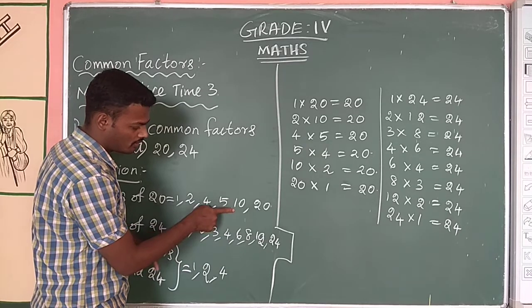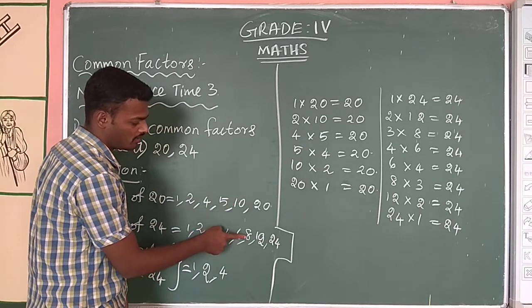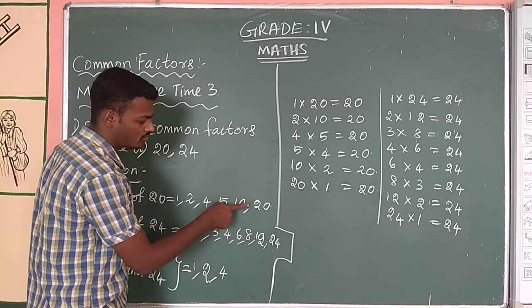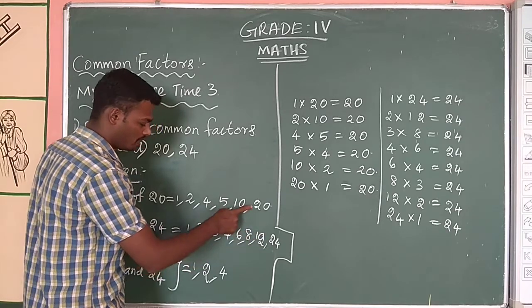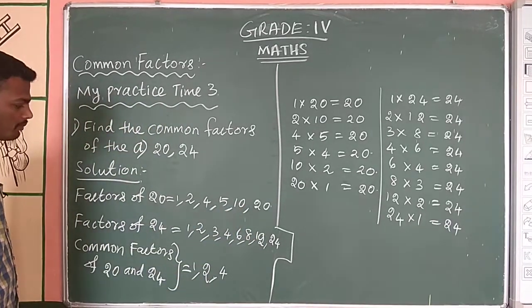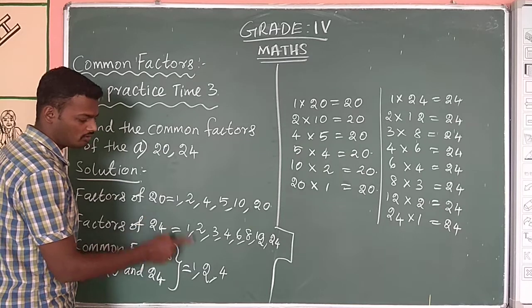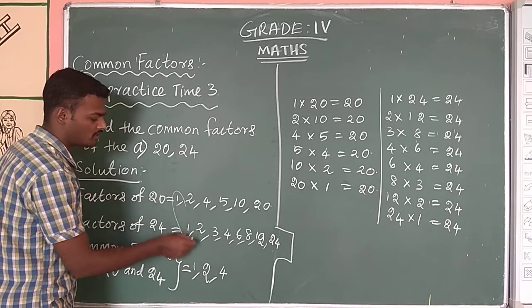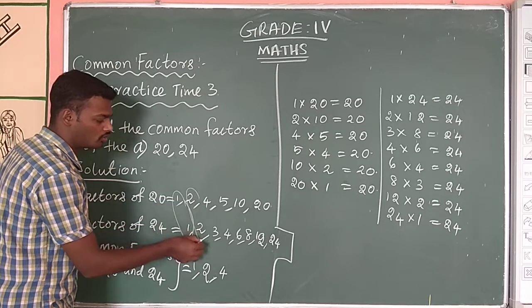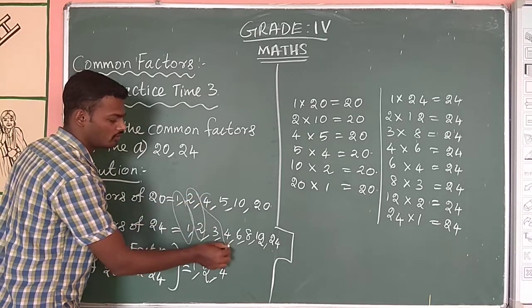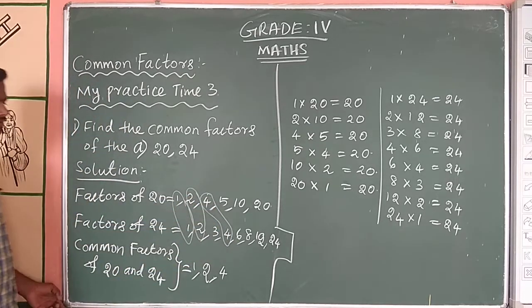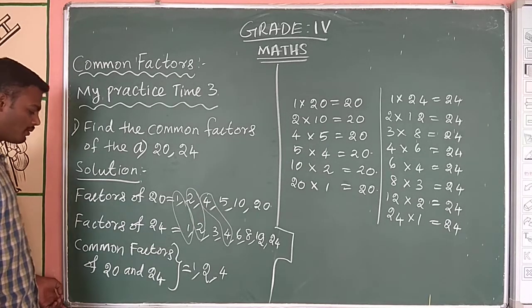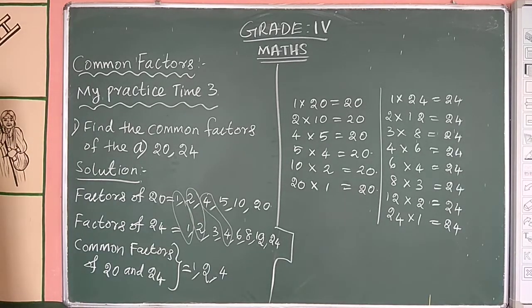Next, 6 not here. 8 not here. 12 also not here. 24 also not here. So common factors are 1, 2, 4. So the common factors of 20 and 24 are 1, 2, 4.